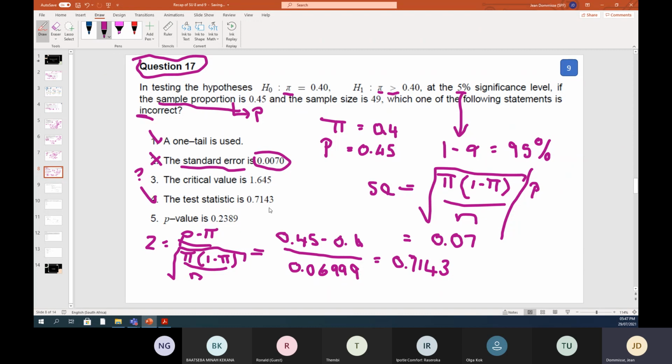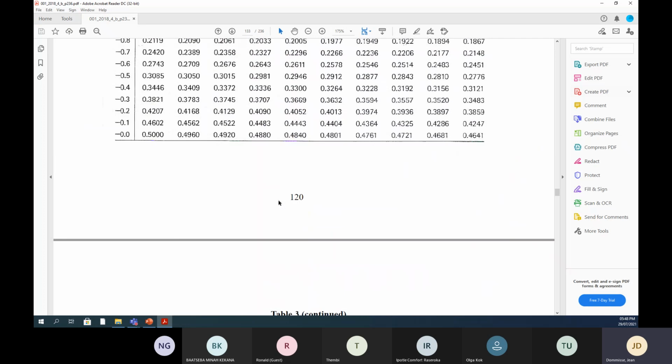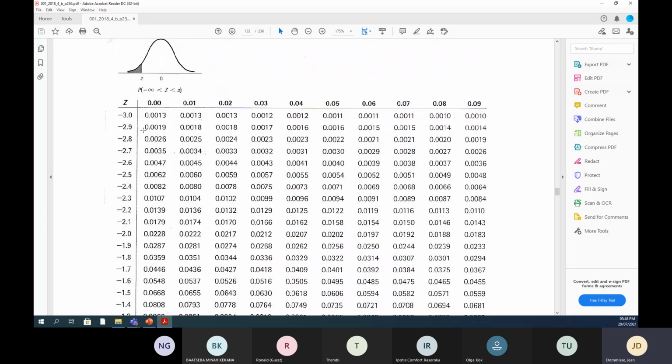The P value, we're going to test against that. So when you look at your Z table, we calculated the Z. So that Z value of 1.7143, to get to the P value, we look at what that is. Okay, so again, it's easier for me to look at the negative.